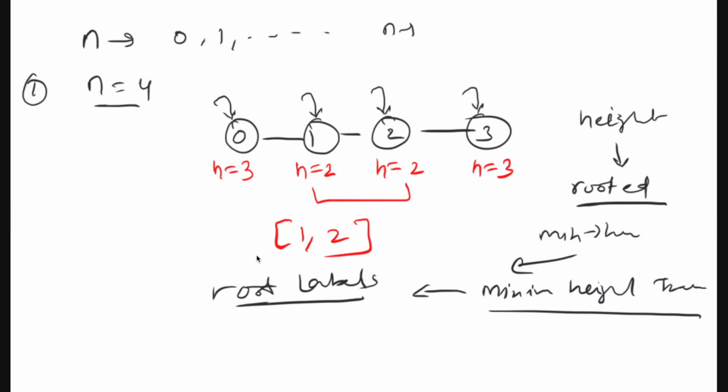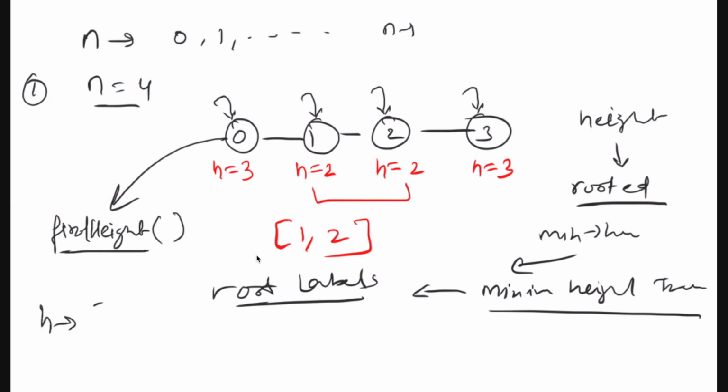And if you try to think of a solution, what comes to mind is that we can iterate through each of these nodes, and for each node we can find the height of the rooted tree, and for each height we can map it to a set or an array of nodes which contains the root labels for that particular height. For example, for height 3 we can map it to an array of root labels containing 0 and 3.